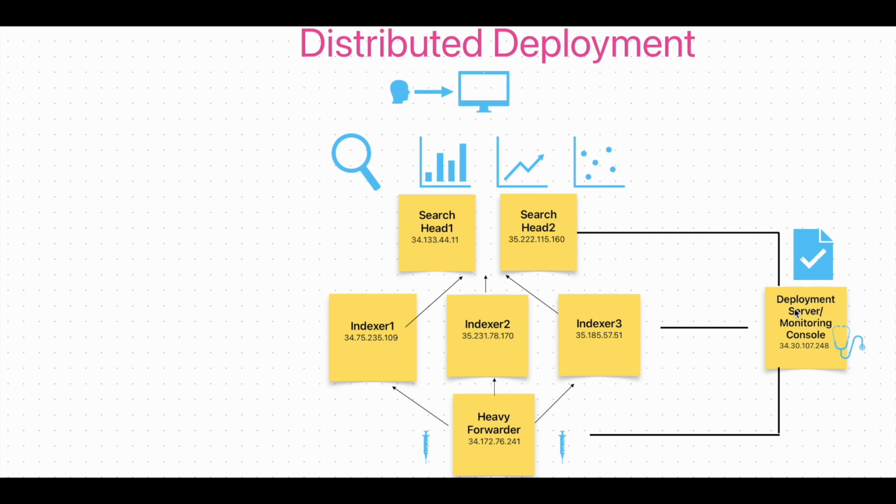Suppose we have search heads, so we will create one server class for search head, one server class for indexers, one server class for heavy forwarder, and push the configuration with respect to those groups. That kind of functionality is given by the deployment server. If we want to configure an individual instance, we create one server class for it and assign or change the configuration, for indexer 1 for example.